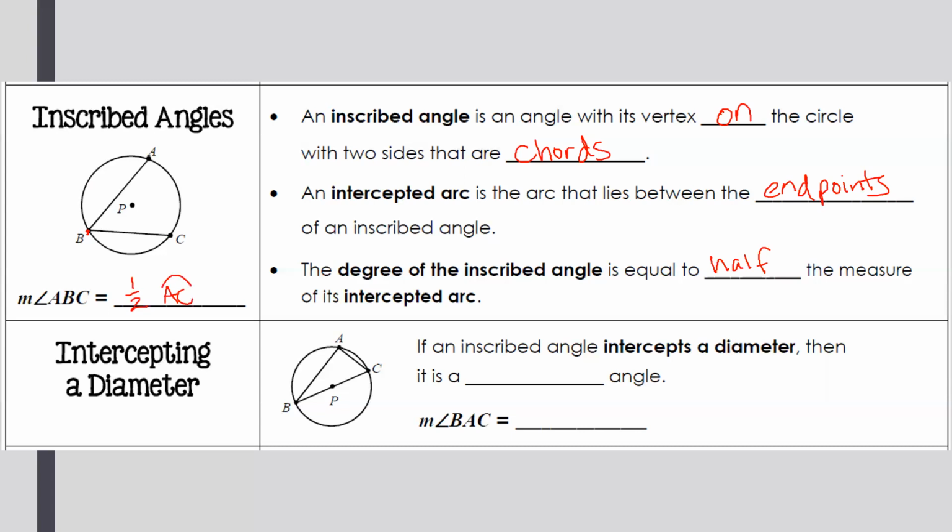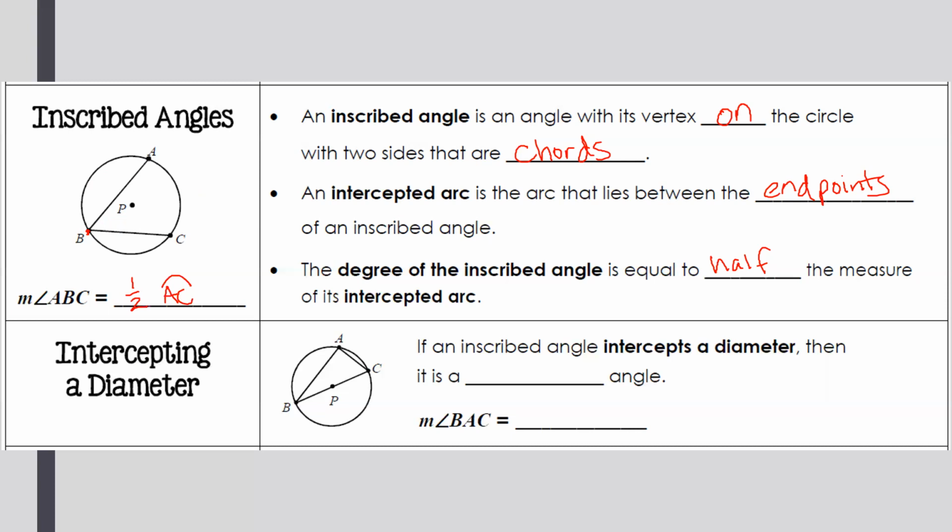So if I told you the measure of arc AC here was 50, then you would know that the measure of this angle right here is half of 50, 25. Or if I went the other way, and told you that the measure of this angle was, let's say it was 30, that's half of the arc, so the arc would have to be 60. So the measure of the angle is half of the intercepted arc when we're talking about an inscribed angle.